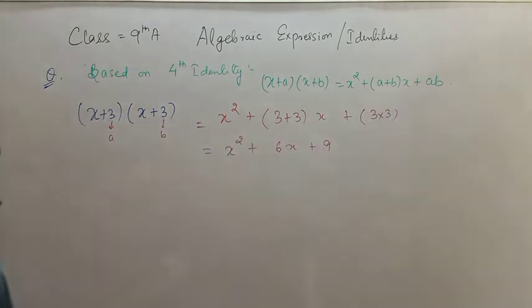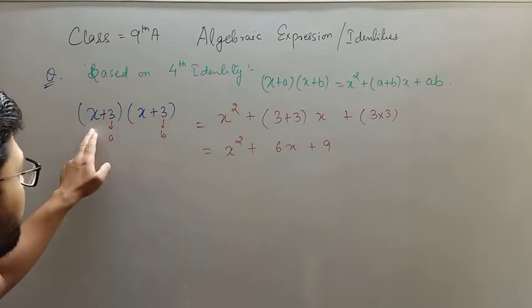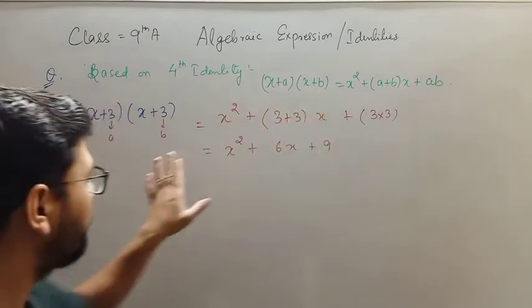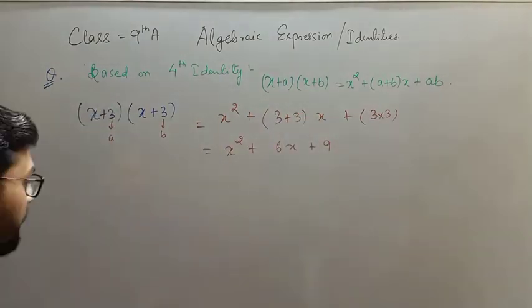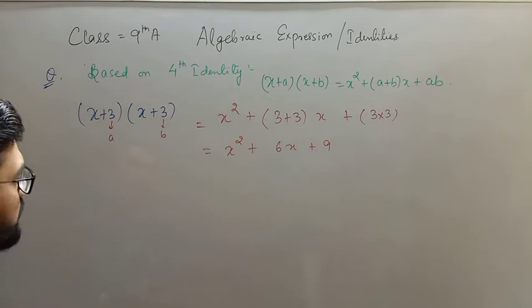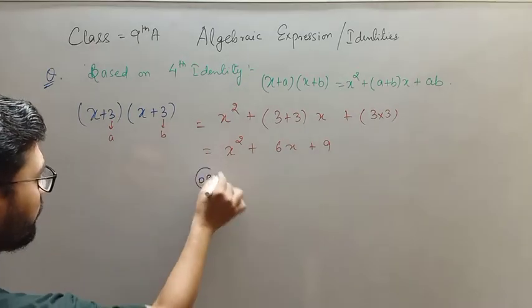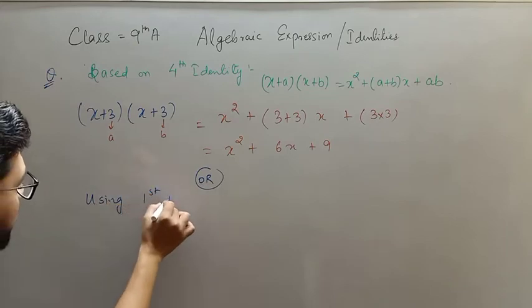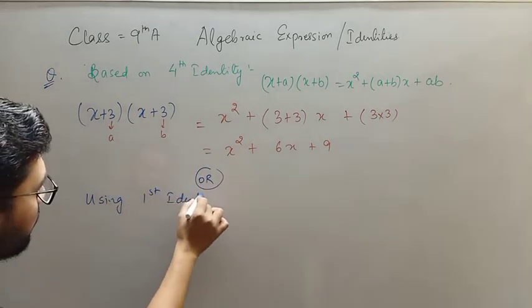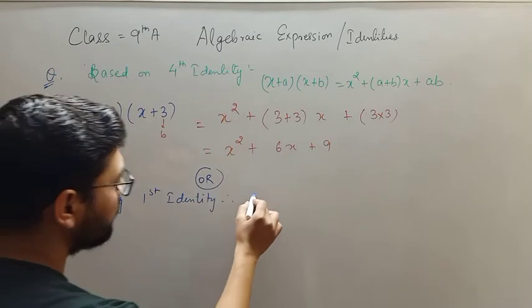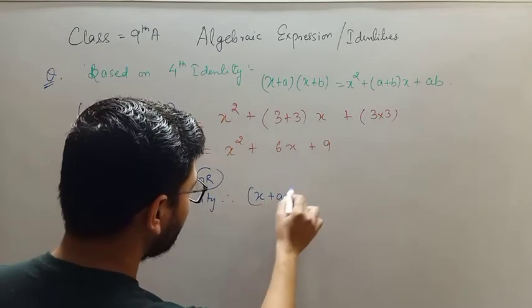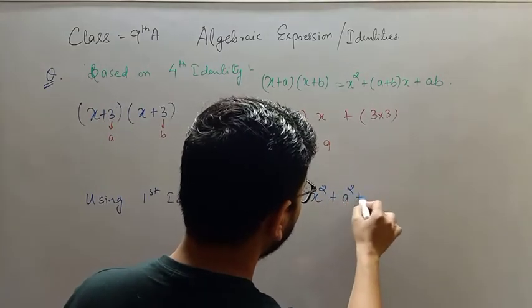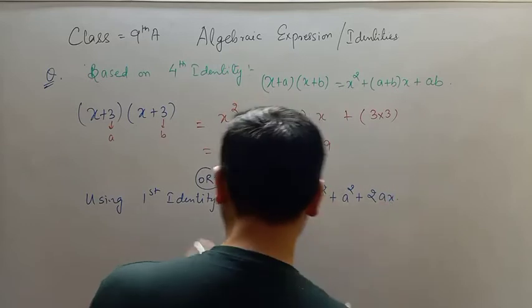Now the other thing is x plus 3 x plus 3, you can say sir, when a is equal to b, you can simply write using the first identity, that is x plus a whole square will give you x square plus a square plus 2ax.